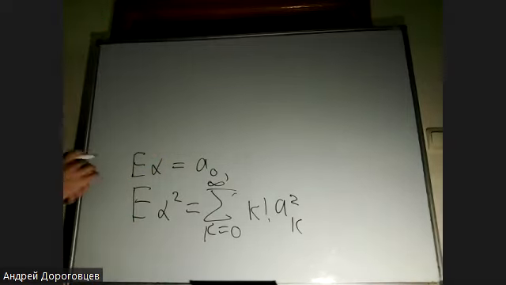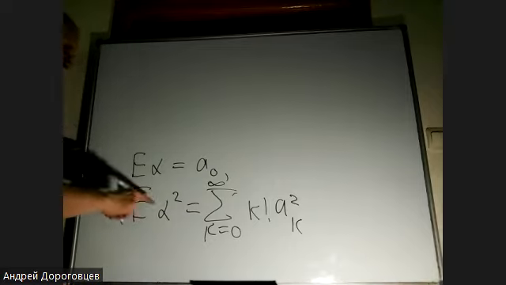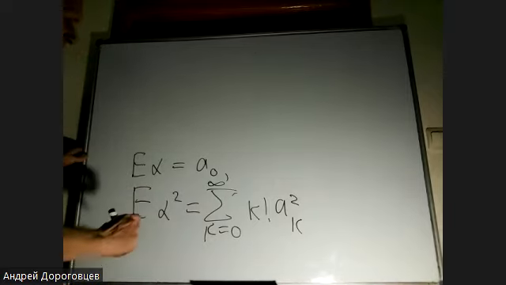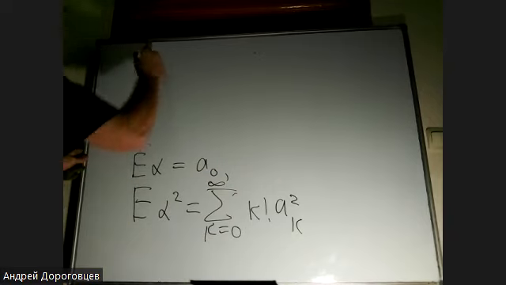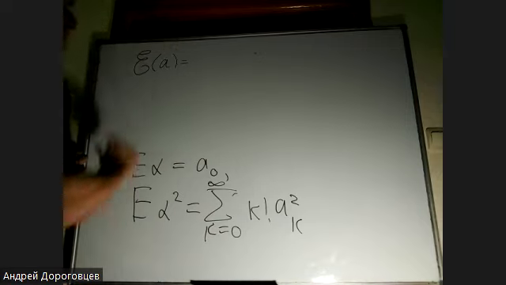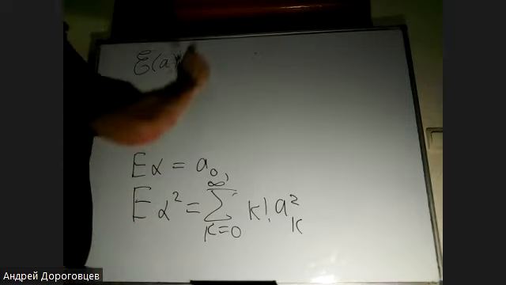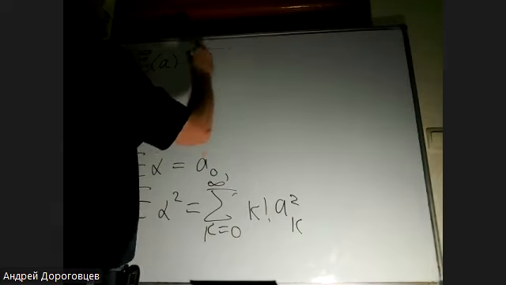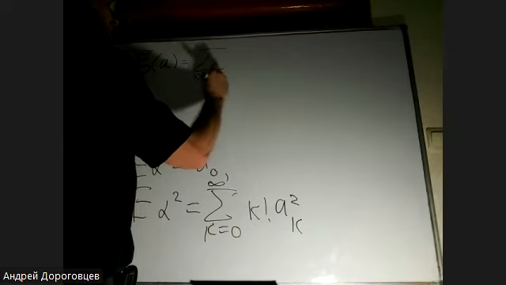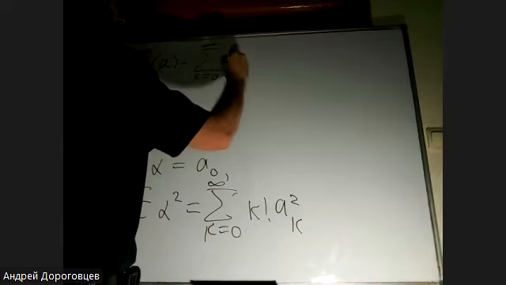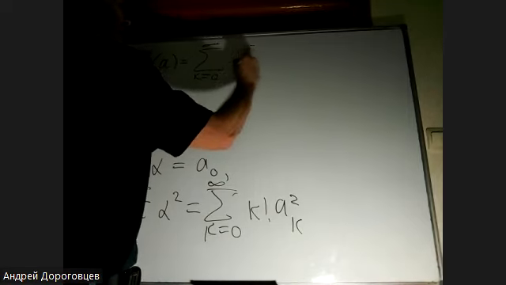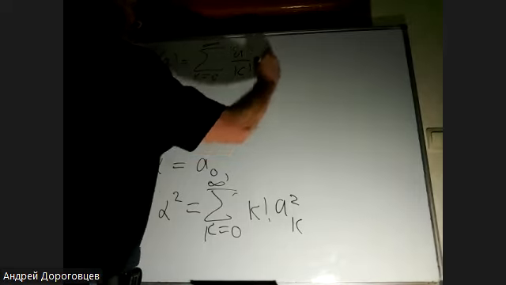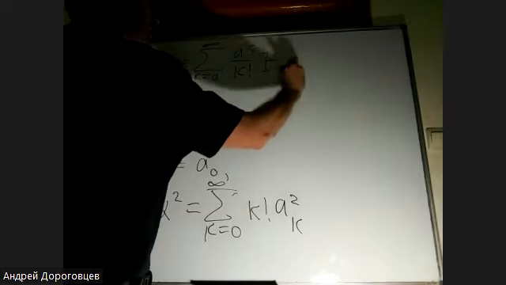Namely, let us find this representation. We already know it for the stochastic exponent: it is equal to the sum from k equals 0 to infinity of h^k over k factorial, times hk of xi.